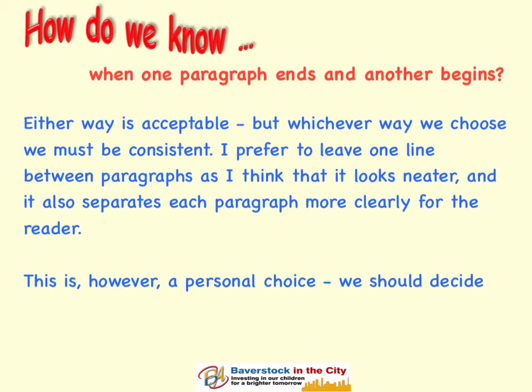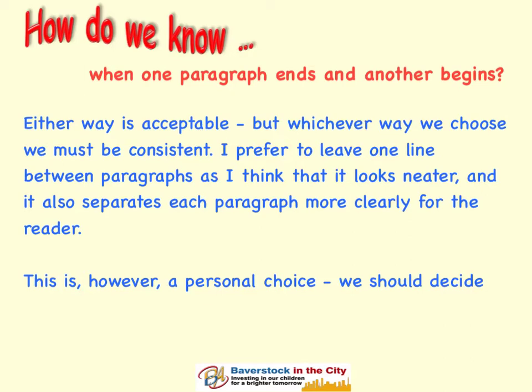To continue with how do we know when one paragraph ends and another begins, I just want to tell you that either way is acceptable. You can indent the first word so you're leaving a gap at the beginning of the first line of the paragraph, or you can leave a space between each paragraph. Either way is acceptable, but whichever way we choose, we must be consistent.